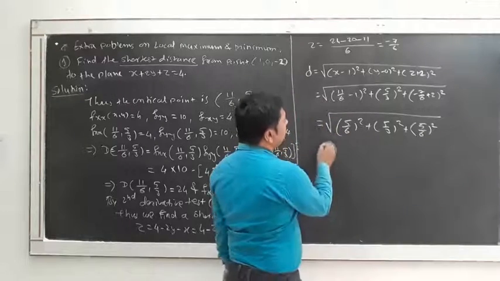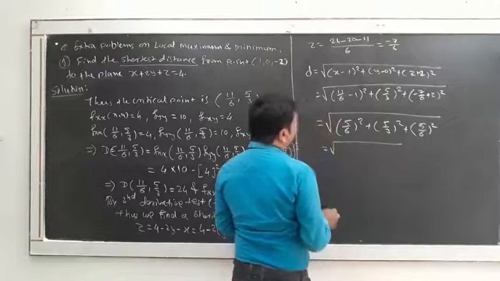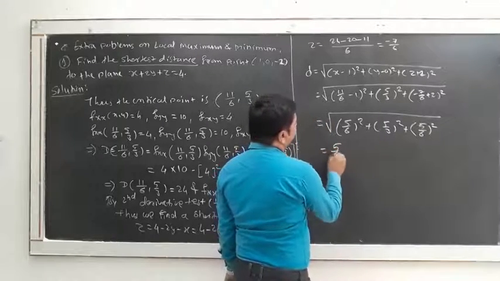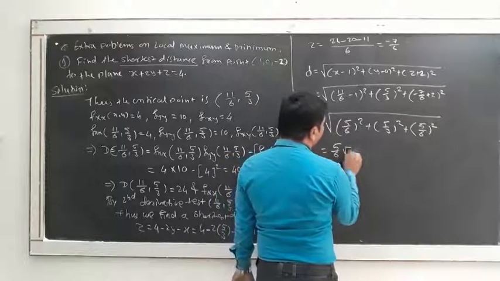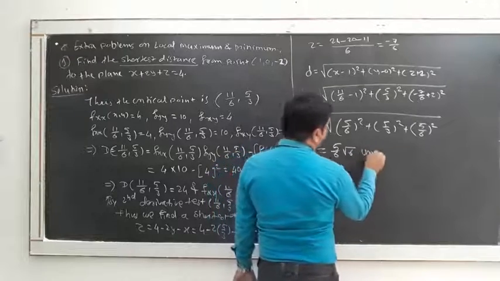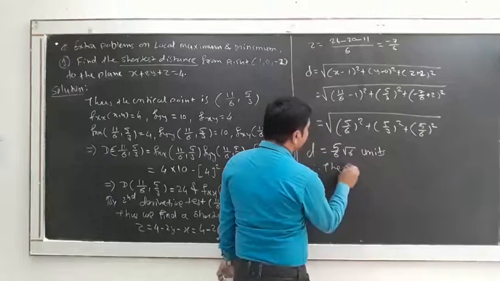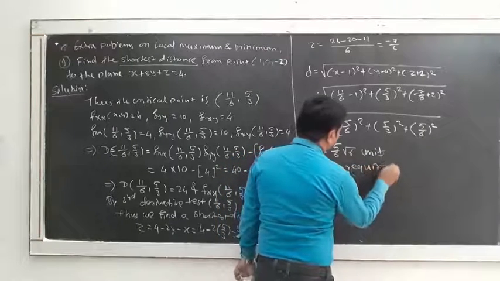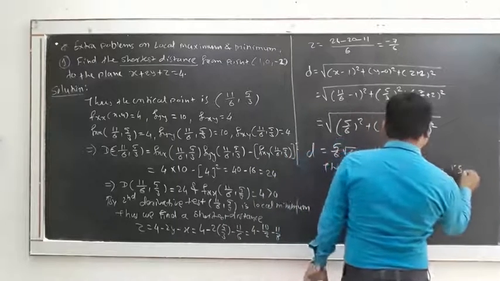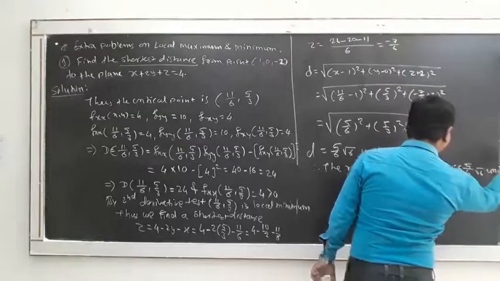And if you do the calculation, you are getting your required answer. Do calculation this, 5 by 6 into square root of 6. This is your distance, you can write it is units. Therefore, the required distance is 5 by 6 square root of 6 units.